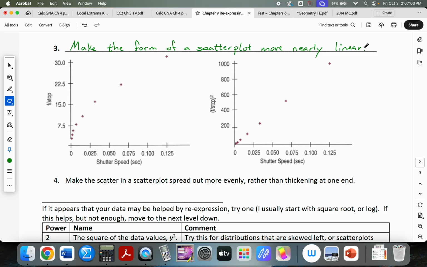Okay, so notice on this one, you have this slight curve to this. You can't use a linear model for this and expect to make very good predictions. But notice that this sort of looks like a sideways parabola, yes? Yeah, it could be. Actually, it looks a lot like a sideways parabola.